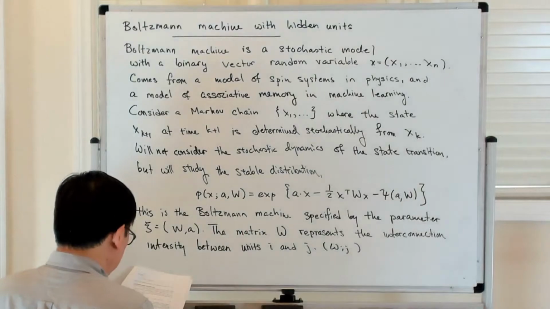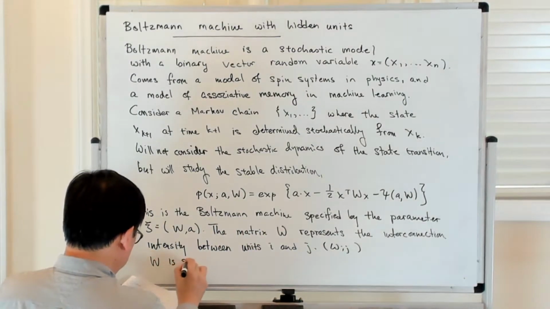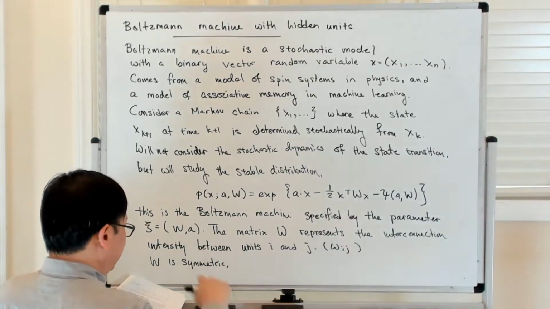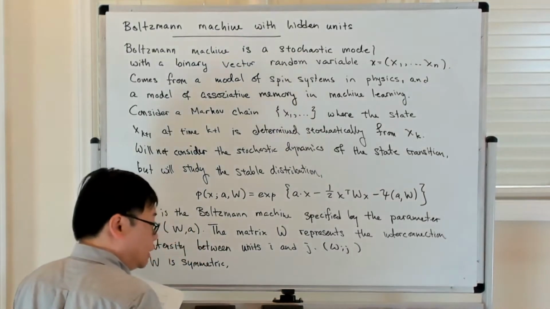This matrix is symmetric, and there's an assumption that there's no self-interaction, which means the diagonal is 0.